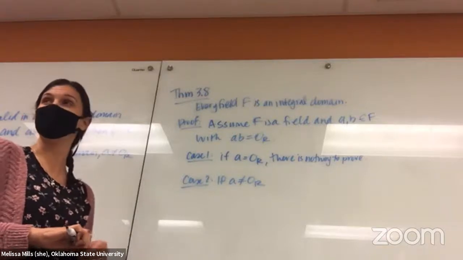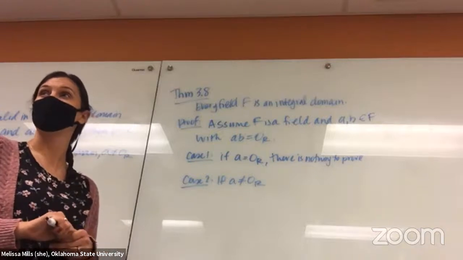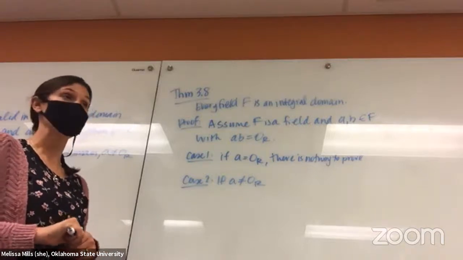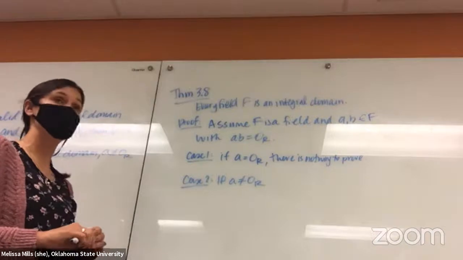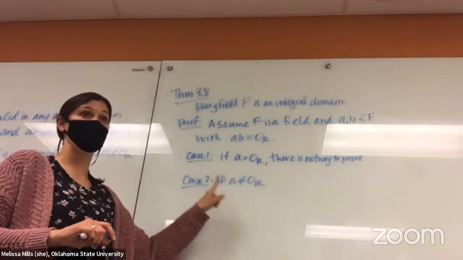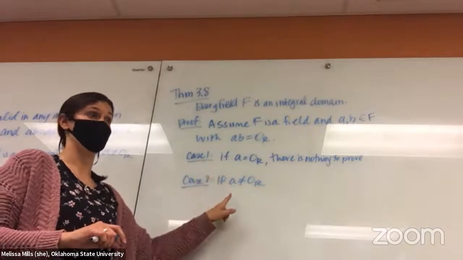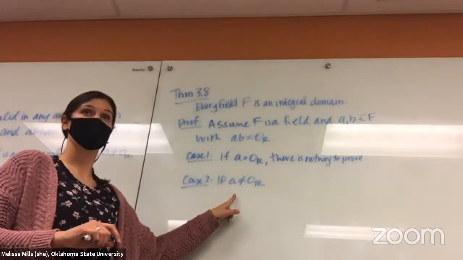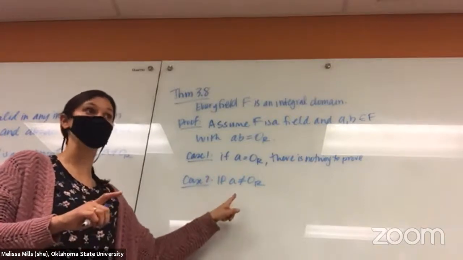Yes, that's right. Zach, did you have a different way of saying that? Oh, I was going to say what she said. So if A is non-zero, and F is a field, what does that mean about A? It has a multiplicative inverse.